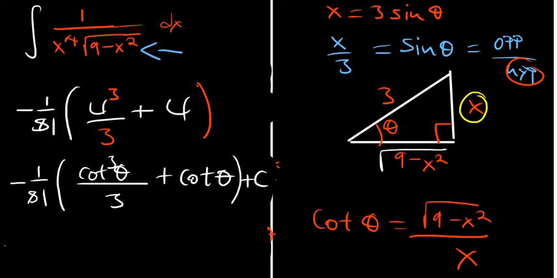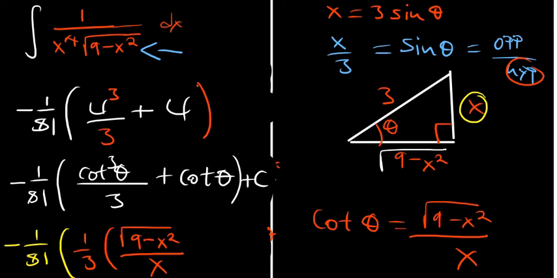So we have negative 1 over 81. And then for this part, let me actually pull out the 1 over 3. This 3 that is on the bottom, I can just pull it out. So 1 over 3, and then open brackets, we have now the root of 9 minus x squared over x. Now this is raised to the power 3.